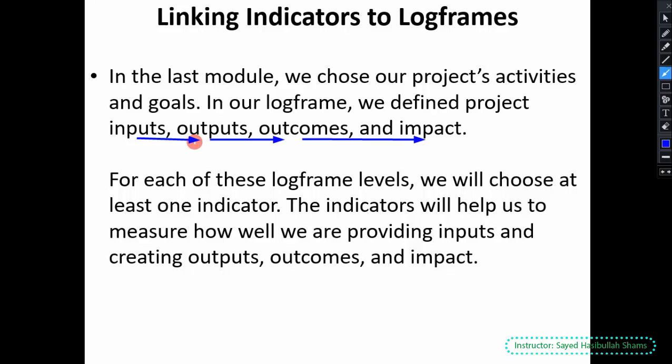It means that we can set, for example, three, four, or seven indicators per level. It belongs to the project nature and character, and to the project activities.